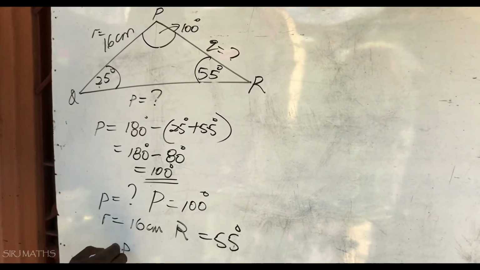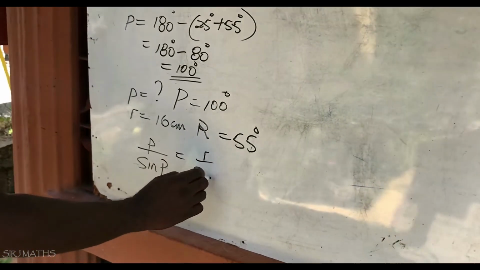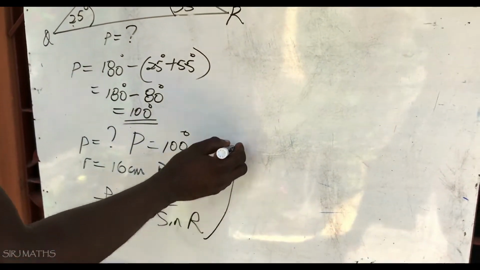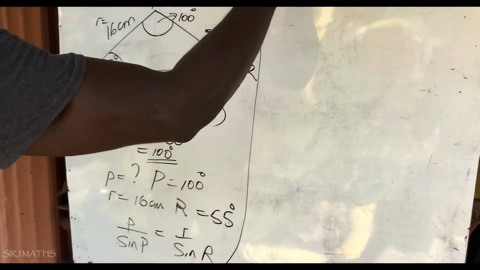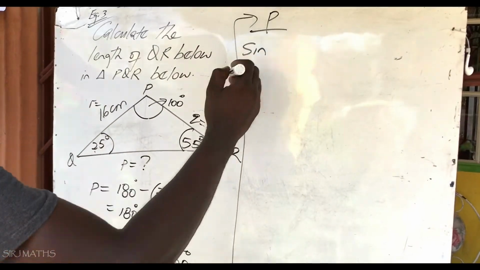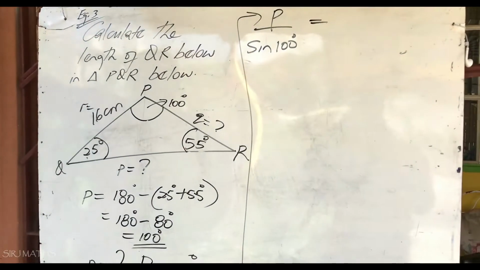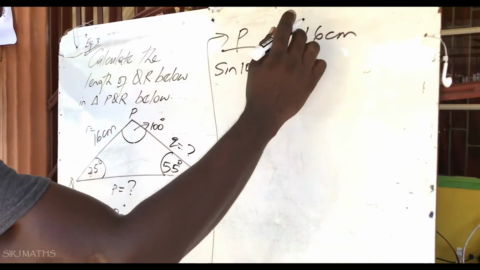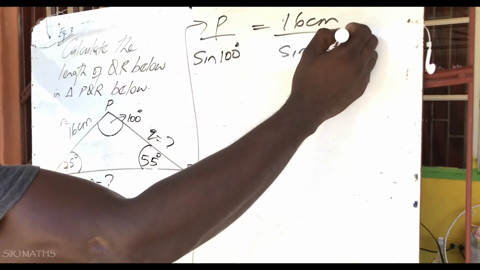So we write little p over sine of big P equals little r over the sine of big R. And so we substitute our values. So we have little p, which we don't know, over sine of angle P, sine of 100 degrees, equals little r, which is 16 centimeters, over the sine of angle R, sine of 55 degrees.